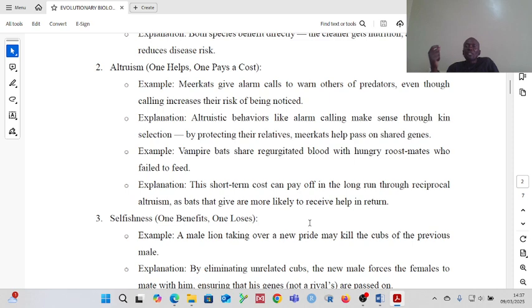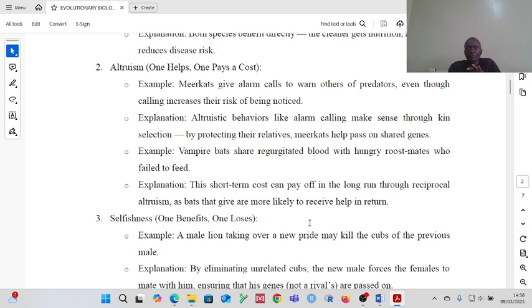You end up protecting your relatives so that they can help to pass on the shared genes. So you are risking that the predators might come and catch you if you are the animal which made that alarm. Because you are moving around with your relatives, through the altruistic behavior, by making noise, the predator might spot you and you are likely to be killed.